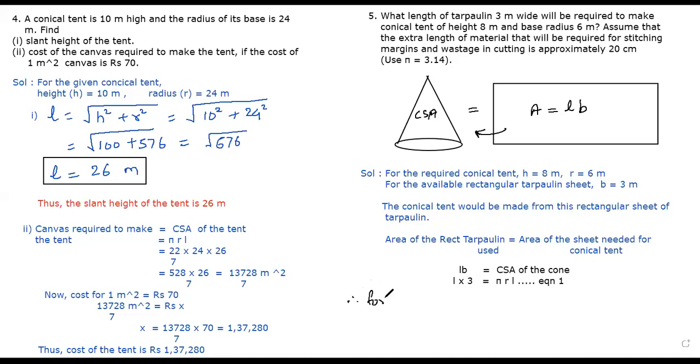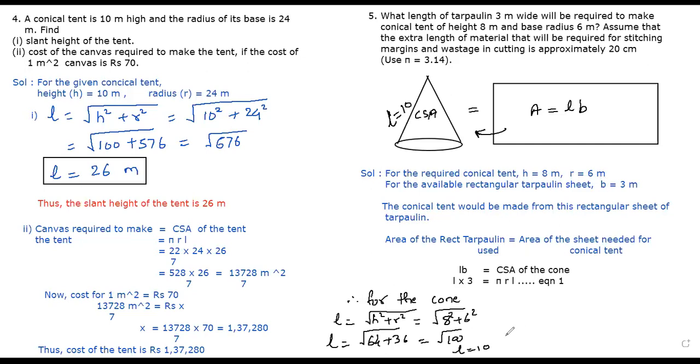For the cone, L is equal to under the root h square plus r square. H is 8. R is 6. 64 plus 36, 100. So that means your L is going to be 10. For the cone, the slant height has come out to be 10.